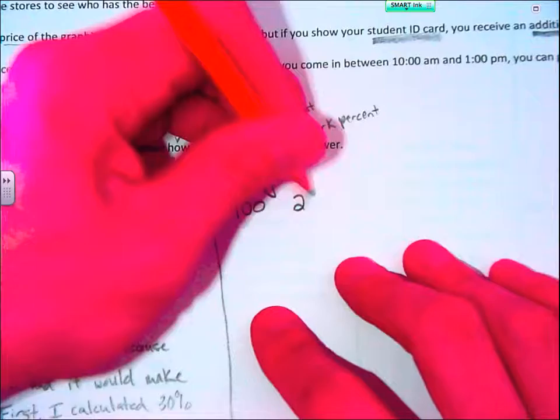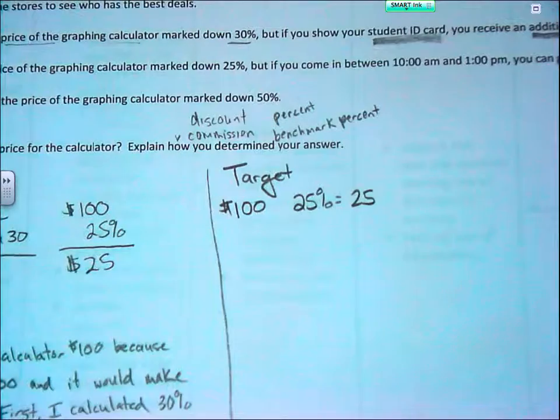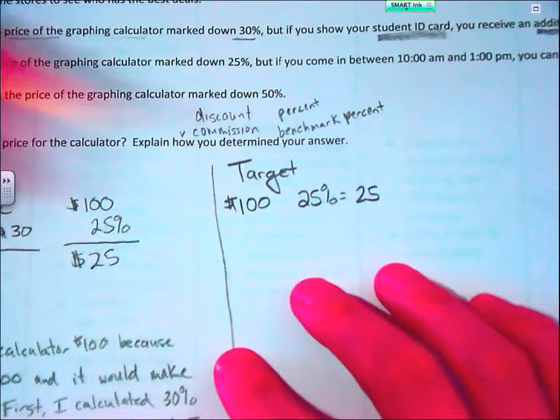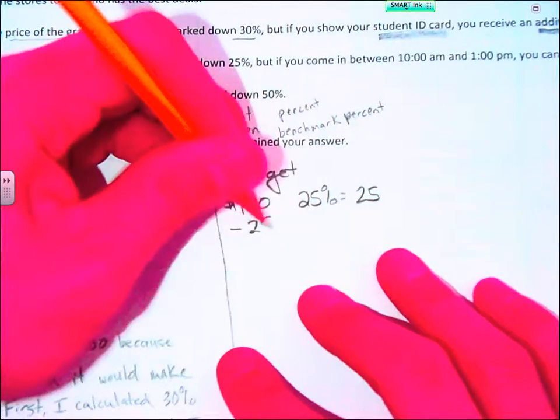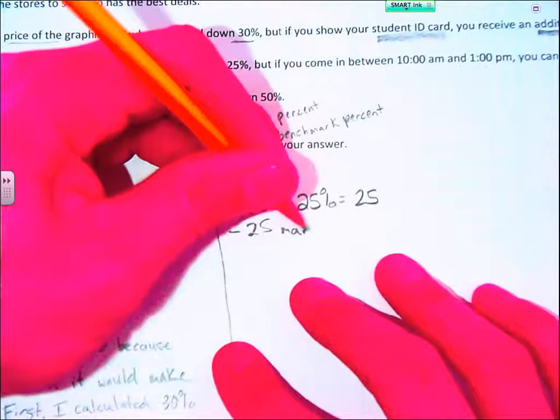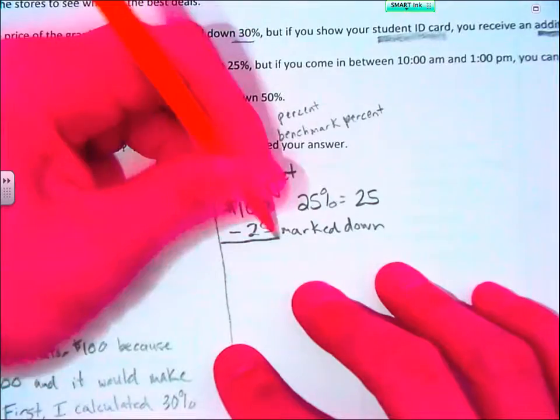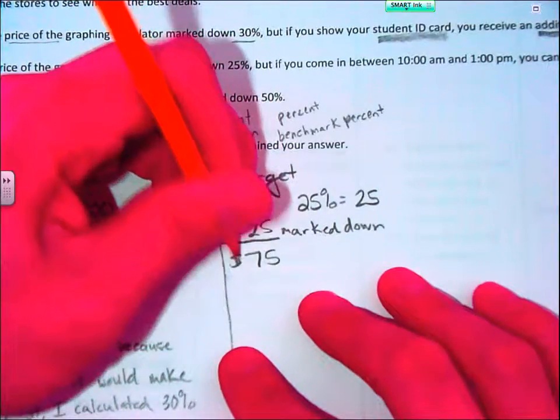Well, I'm going to write down 25% is equal to $25. Once again, why I used $100 as my price. Then I would mark it down, so I would subtract the discount or the marked down price. So now we are left with $75 as my marked down price.